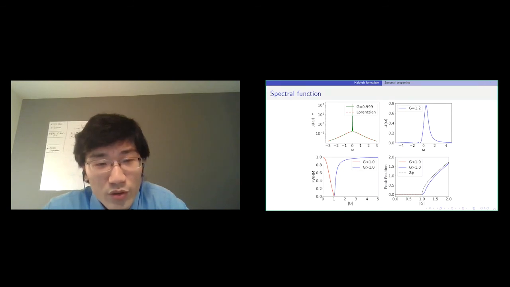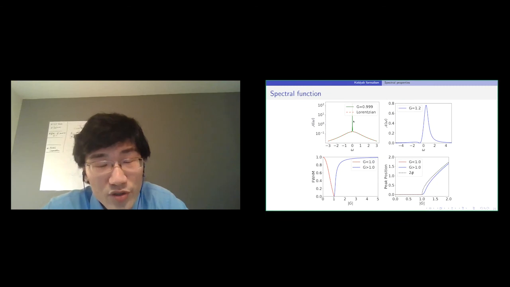For example, this one is the spectral function very close to the critical point. We can show that there's a very sharp peak, and then there's a very small bottom, that's a Lorentzian. Later I will show that this very sharp peak will be a delta function.